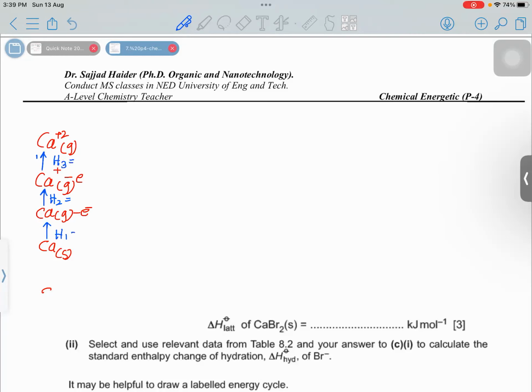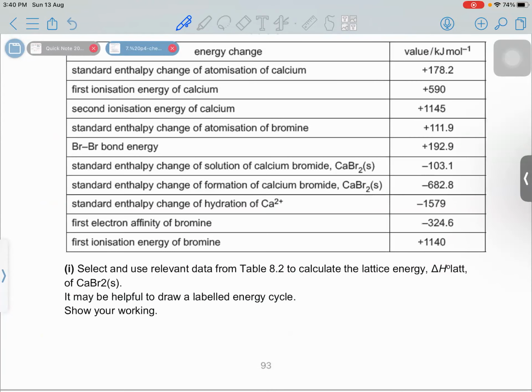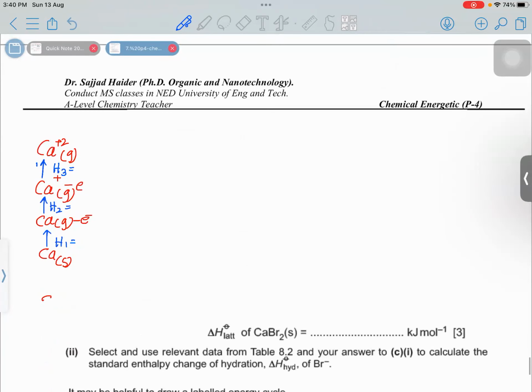Can you tell me what is H1? Atomization of calcium. Yes, look at the table data and tell me the value. It's 178.2.